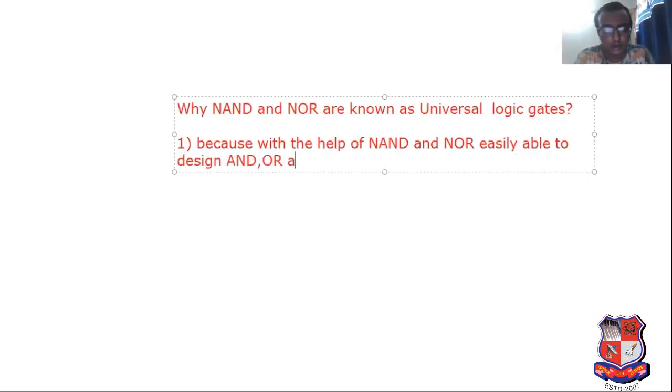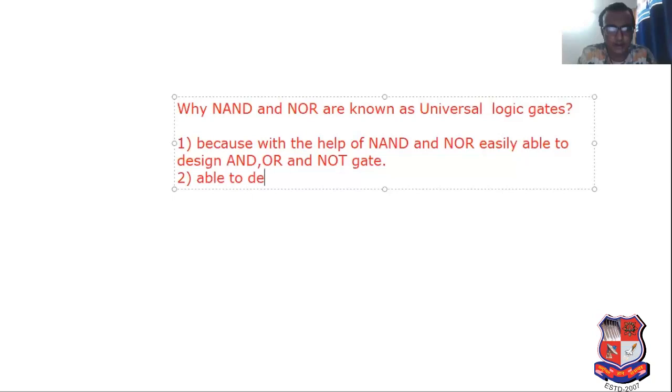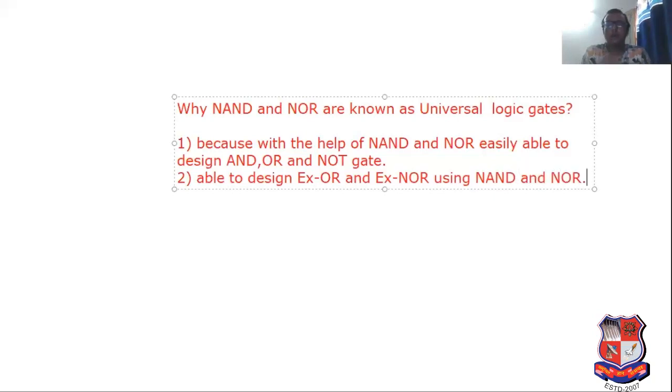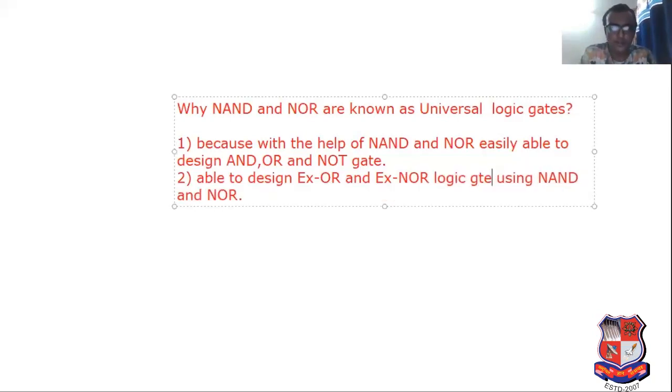AND, OR and NOT gates. With the help of NAND and NOR we are easily able to design AND, OR and NOT gates, and we are also able to design XOR and XNOR logic gates using NAND and NOR.